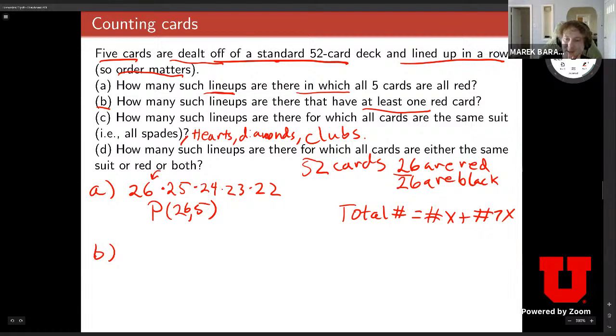So we can do the total of X is equal to the total number minus where X doesn't happen. Yeah, that's not quite right. So I'm seeing the right answer in chat.